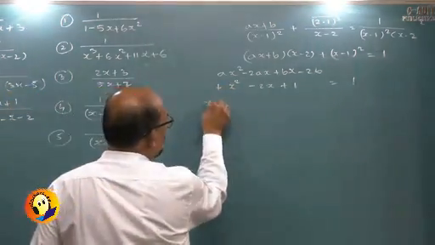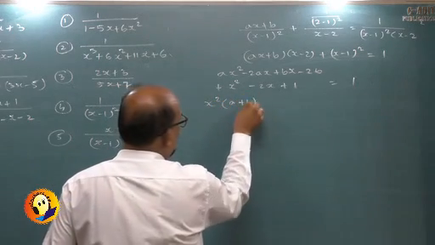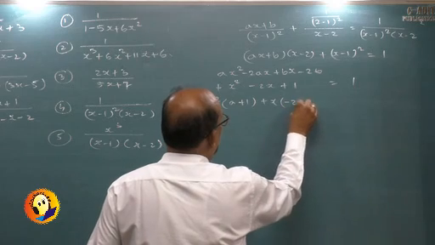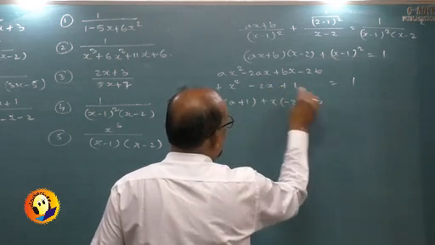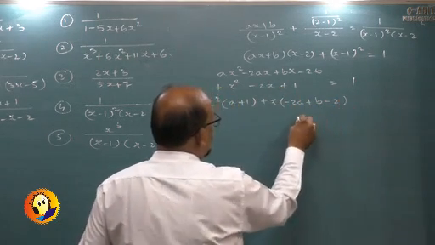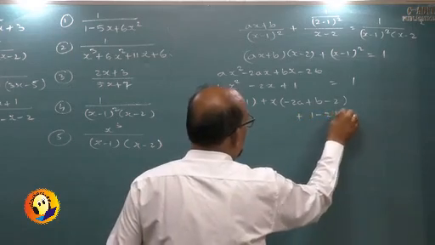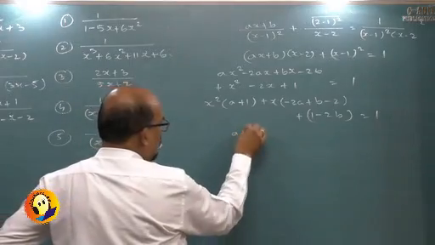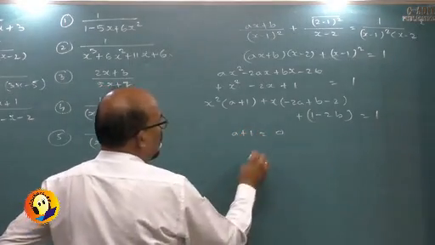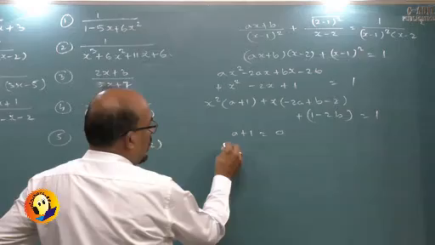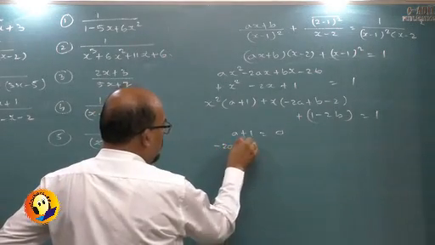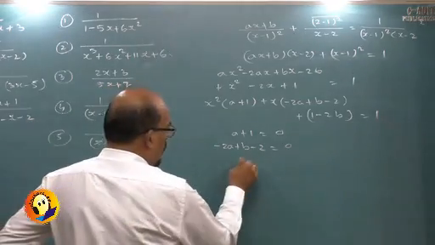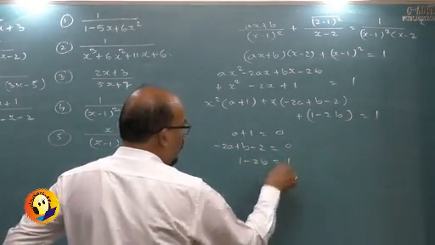Now it will be x square into bracket a plus 1 plus x into bracket minus 2a plus b minus 2 plus 1 minus 2b equal to 1. That gives us a plus 1 equal to 0, because there is no x square term. It will be minus 2a plus b minus 2 equal to 0, and 1 minus 2b equal to 1.